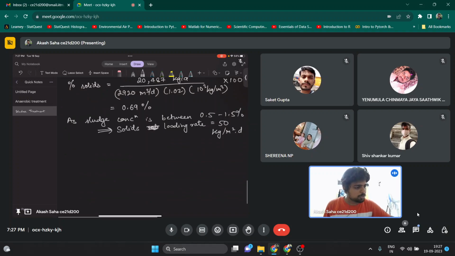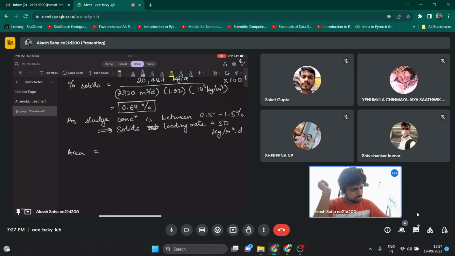Okay, so based on my percentage solids, this percentage solids of my sludge is the amount of the solid content. As my solid content is between 0.5 to 1.5, for different ranges we have different solid loading rates. So for 0.5 to 1.5 percent, it is around 50 kg per meter square day. Okay, so now what will be my area?